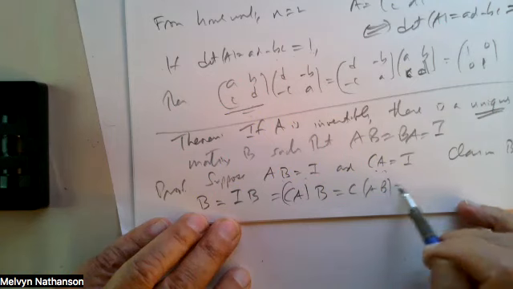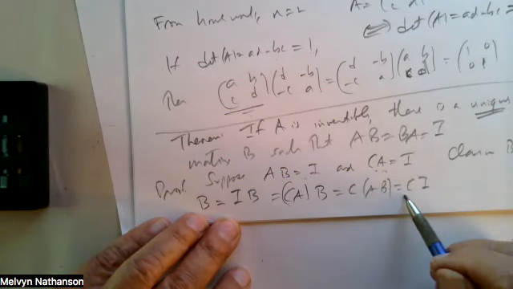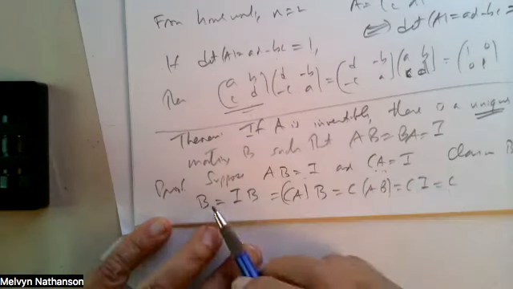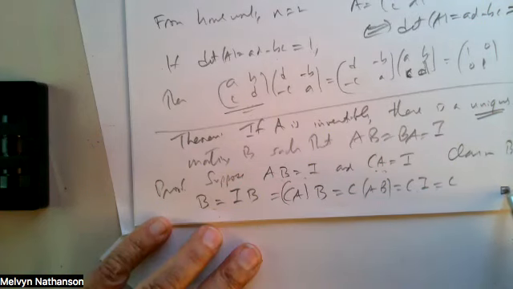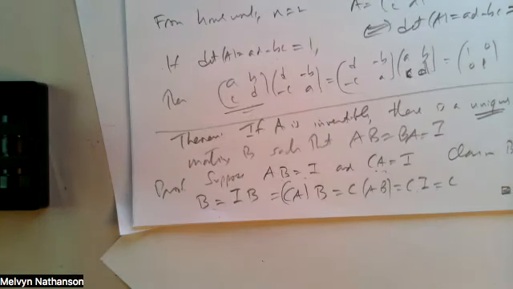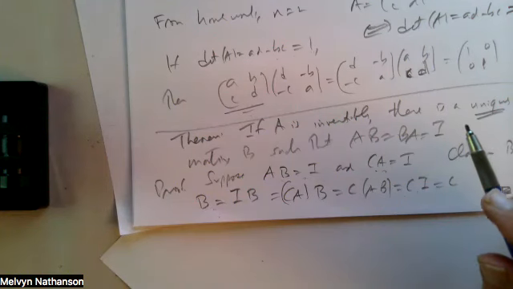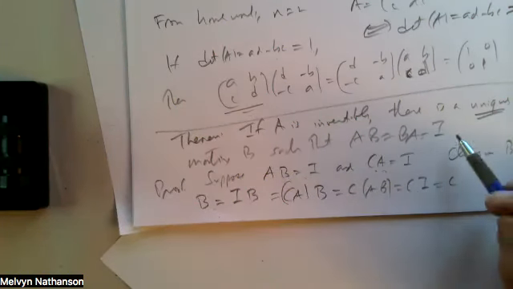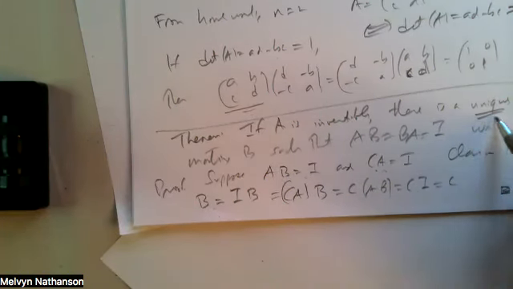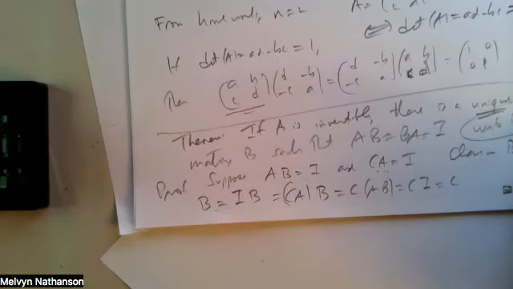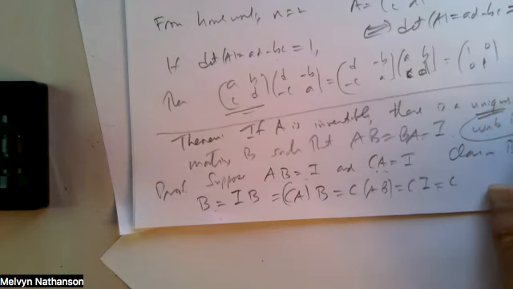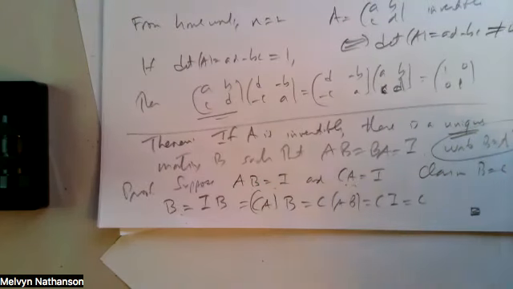But AB is the identity. C times the identity, which is C. So B equals C. So this proves that the inverse of a matrix, if a matrix is invertible, it has a unique inverse. In that case, we write the inverse as A to the minus 1. So A to the minus 1 means the inverse of the matrix A if the matrix A is invertible.